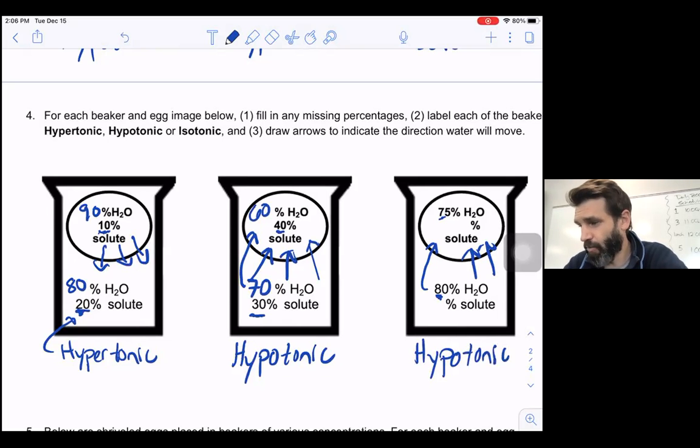And let's check. Well, 80% water outside, so that must be 20% solute. 75% water inside, so that must be 25% solute. So yep, this is lower solute outside, so hypo, lower, hypotonic.